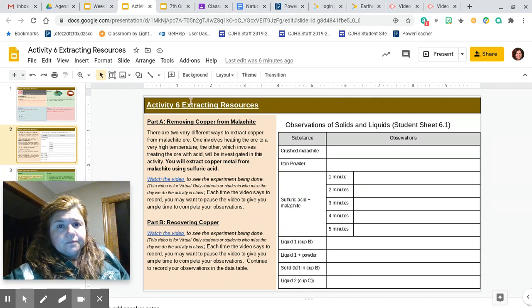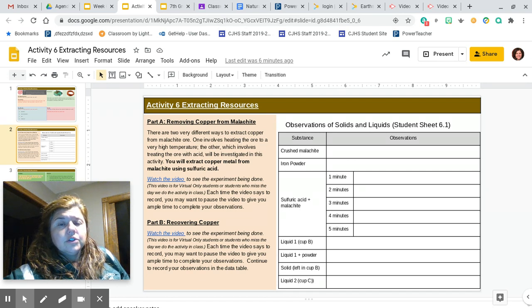So this activity is actually split into 2 different parts, Part A and Part B. The first thing that we're going to do in Part A is to remove the copper from malachite.